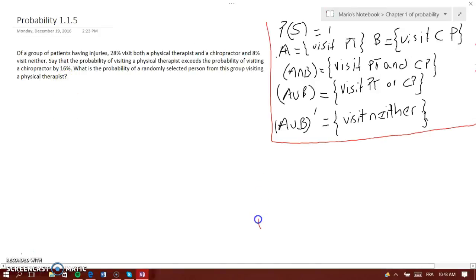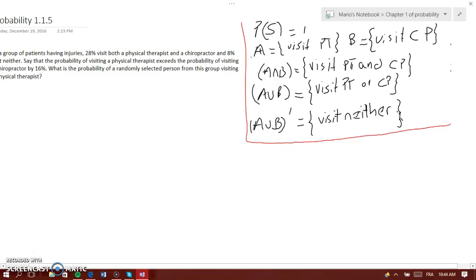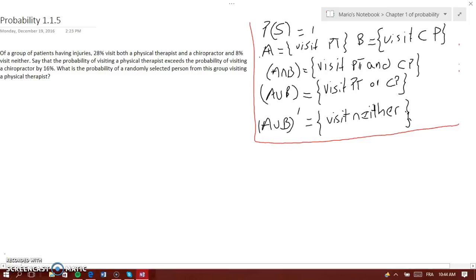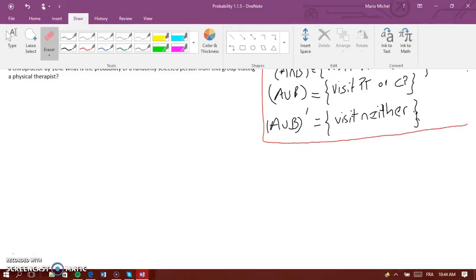Basically, we need these tools to do the problem. So let's start with what we need to do first.